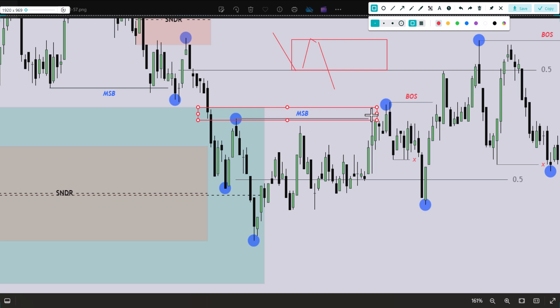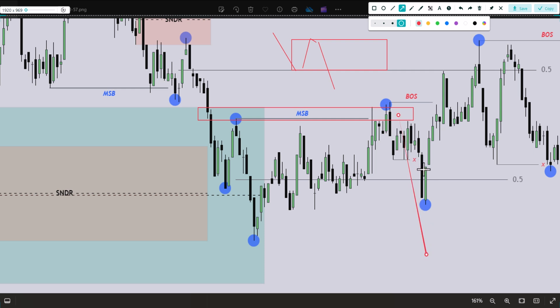Price traded all the way to here, sweeps liquidity from here, and fails to close above this fractal. One more time, trading all the way to here and fails to close above this one right here. So this is a market break, but it is low probability because we can easily trade lower, just like we saw in the previous example.